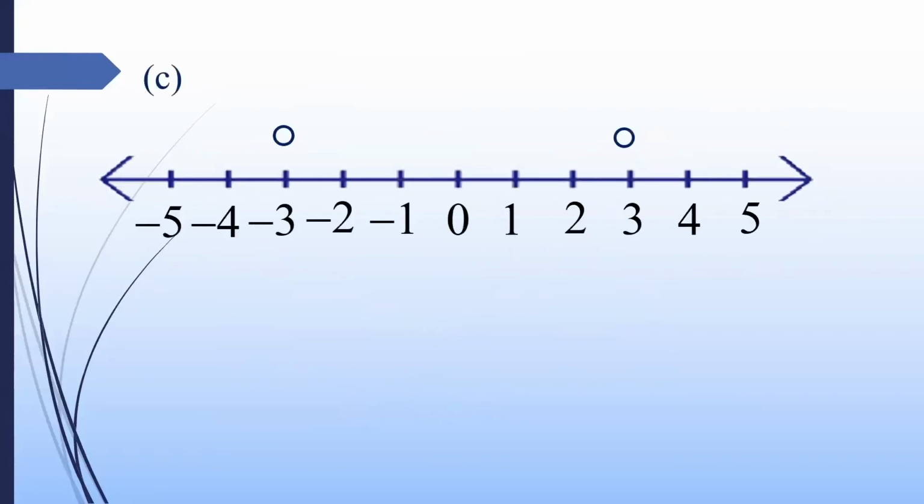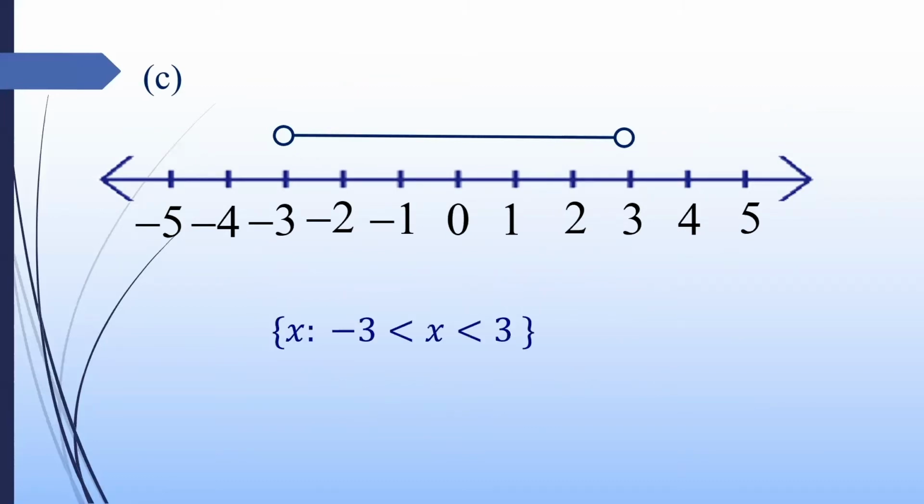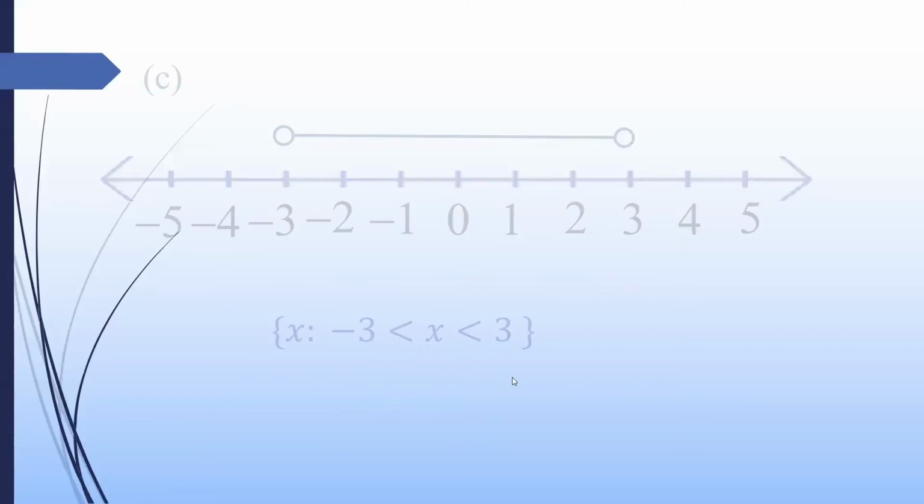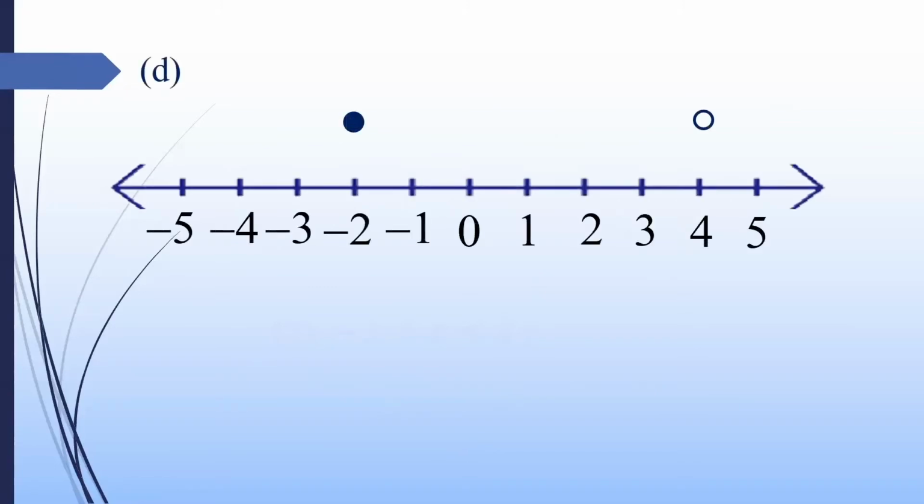Part C. I have two unshaded circles at -3 and 3. So in set builder notation, it's going to be X such that X lies between -3 and 3. The next part. Here you have a shaded circle at -2 and an unshaded circle at 4.